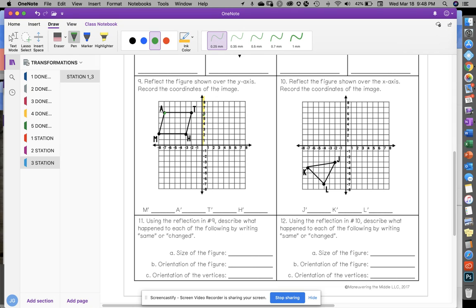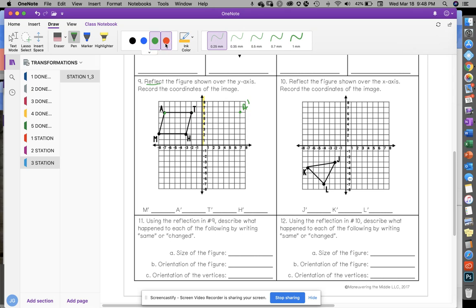That means I need to keep the 6, but my -7 now becomes +7, 6. So we go over to +7. This is now your A prime. And remember, this is a reflection, so it's going to be flipped.